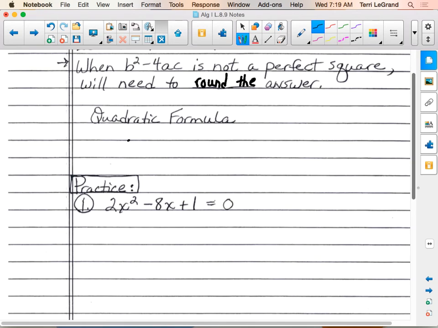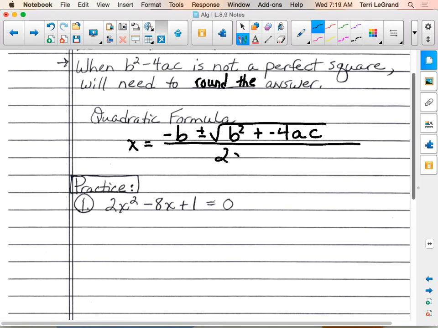Okay, let's practice writing our quadratic formula. X equals the opposite of b plus or minus the square root of b squared plus a negative 4ac. That's our big long numerator over our denominator 2a.